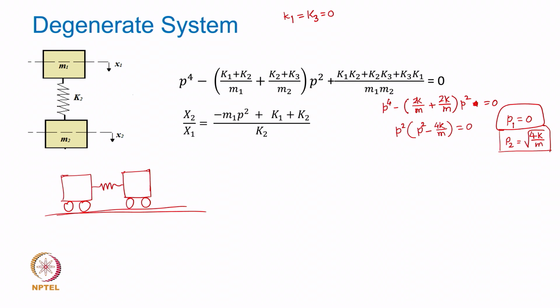Now, what is P1? 2 pi by capital T will be its natural frequency. Basically, T is the time period of what?